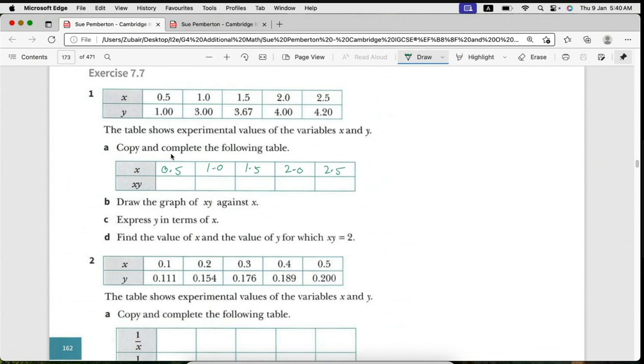And now XY, the product of these two. 0.5 into 1 stays 0.5. 3.67 into 1.5 is 5.505, I'm writing 5.5. 2 times 4 is 8. 2.5 times 4.2 is 10.5.